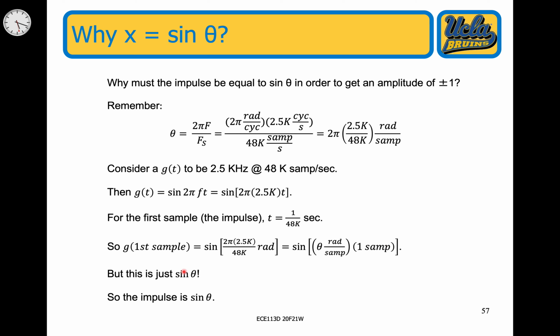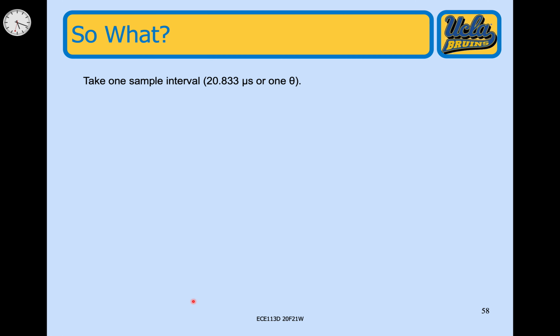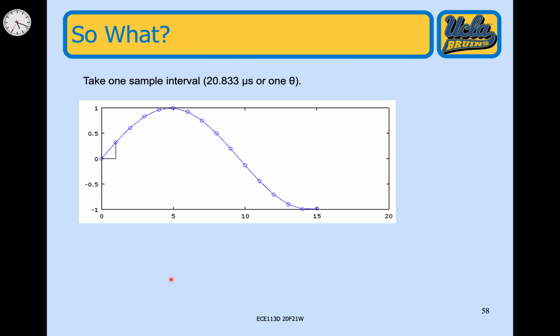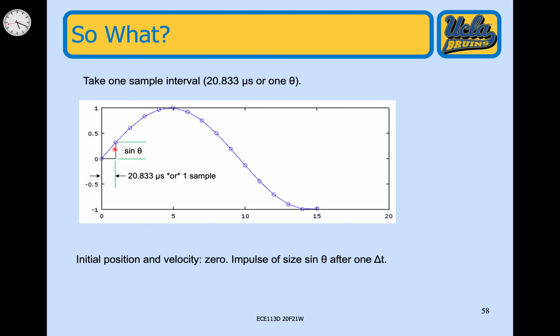And so that's just sine theta. So the impulse is going to be sine theta. If you take 1 sample interval right here, it starts at 0, but you give it an impulse, bam, sine theta. Initial position of velocity is 0, but the impulse of sine theta after 1 delta t, bam, up you go.